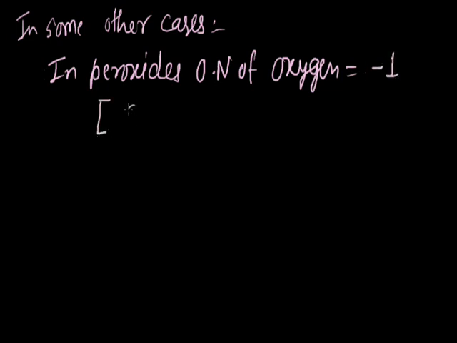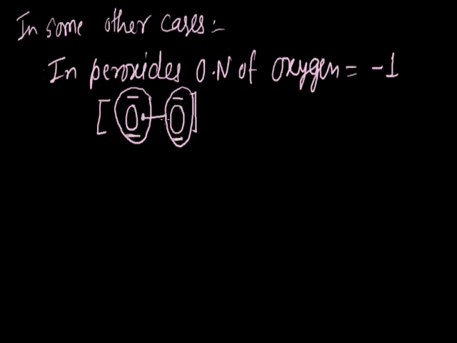As we represent peroxide by O, single bond O, each atom of oxygen contains one negative charge, so we can say that here oxygen has minus 1 charge, and here also one atom of oxygen has minus 1 charge, because the electronegativity of oxygen in both cases is equal.